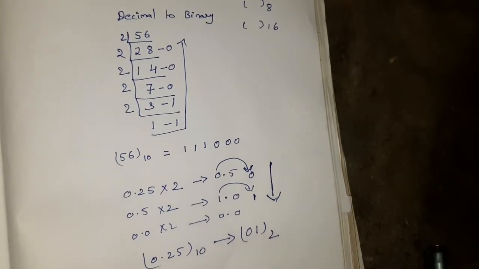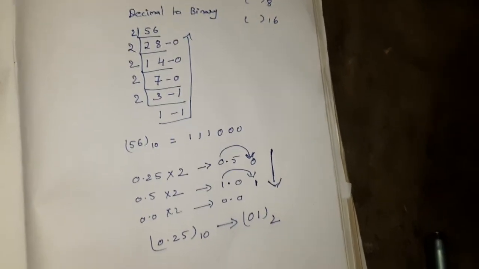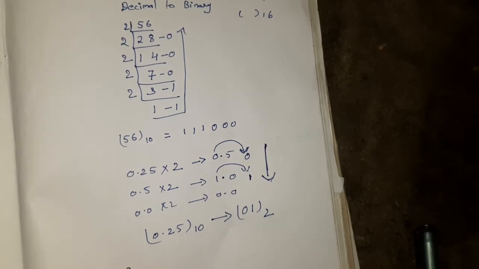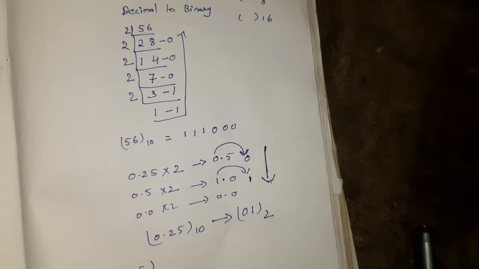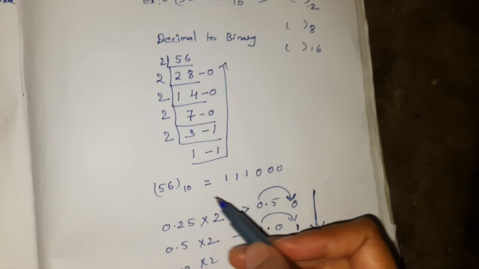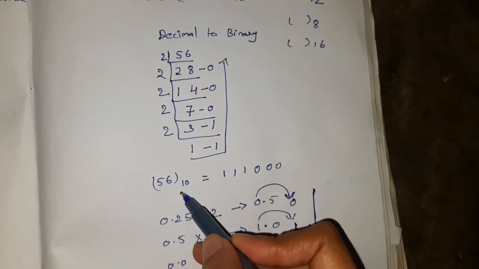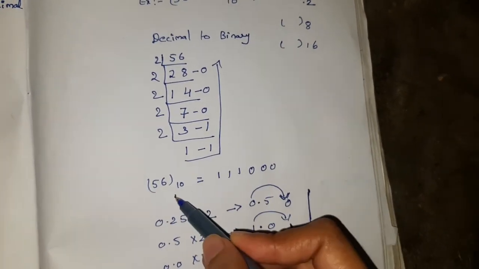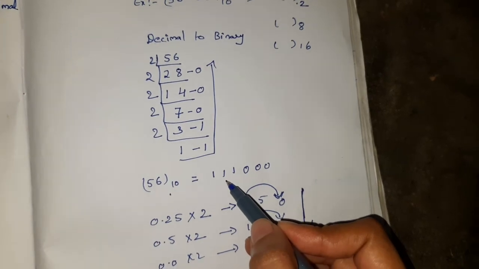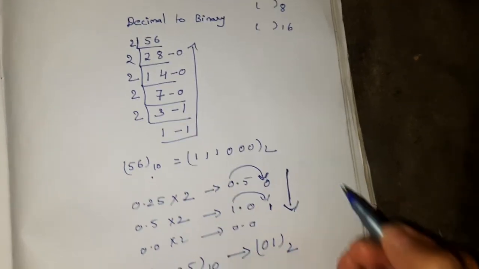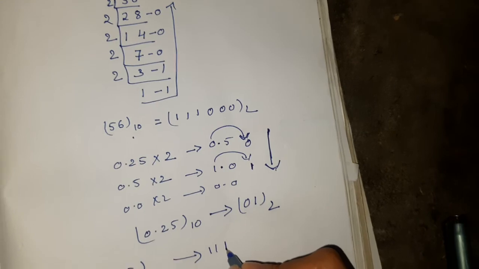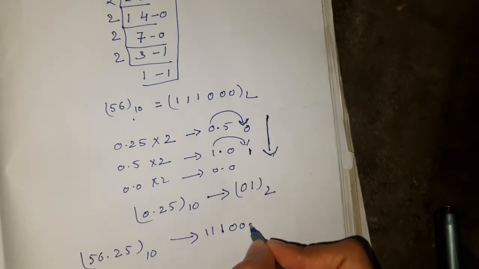So in total, what did we get here? We converted 56.25. First we found 56 in binary representation, which is 111000.